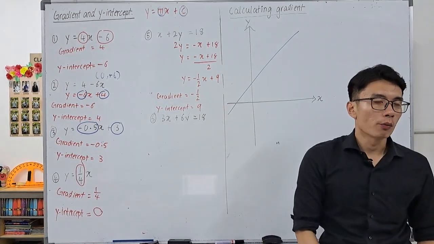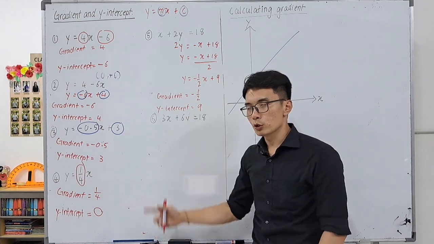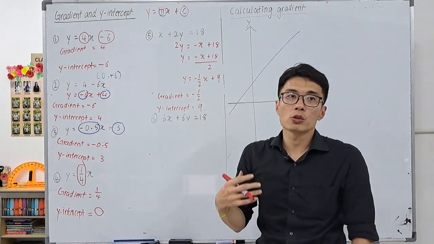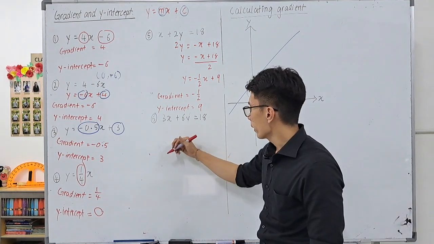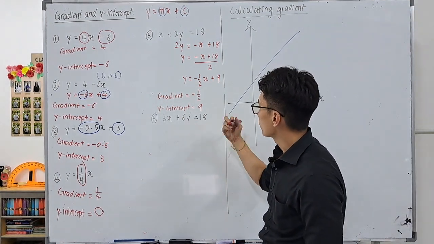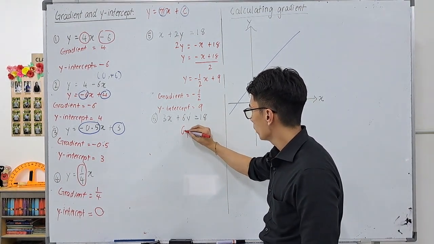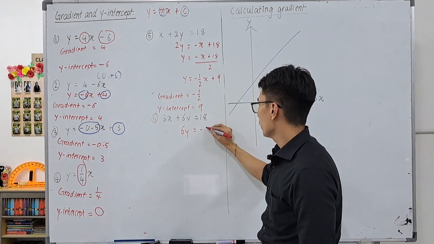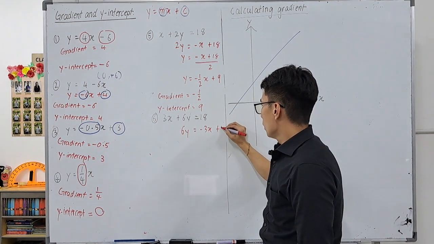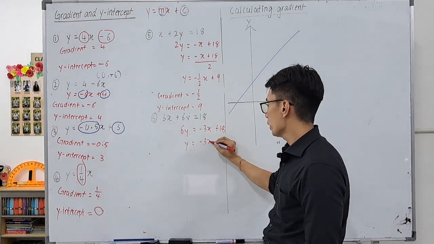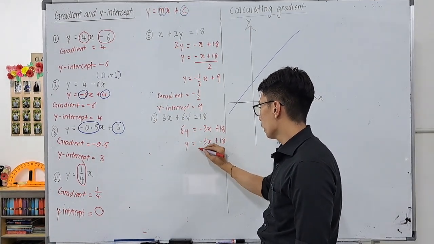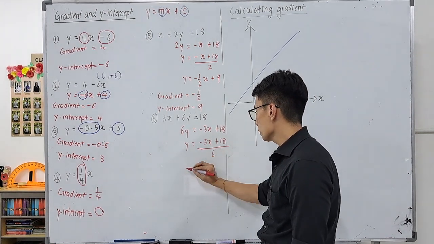Common mistake. Always remember, this form is not superior, so we can always change it into y equals mx plus c to see what's going on. So I'm going to change it to y equals mx plus c. I will have 6y equals negative 3x plus 18. So y equals negative 3x plus 18, everything divided by 6.